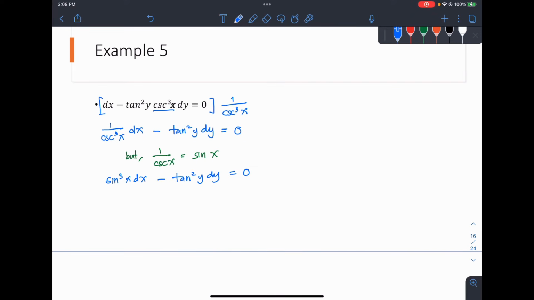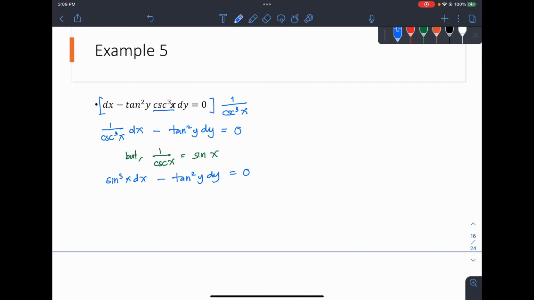This is a trigo differential equation, but then we have sine cube and tangent squared y. So we don't have a direct integral of sine cube, and at the same time we don't have a direct integral of tangent squared y. So we need to transform the given equation.